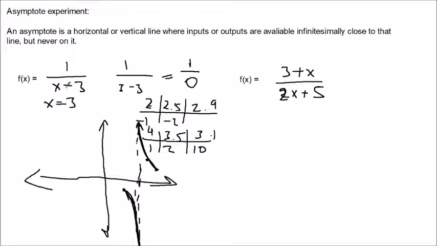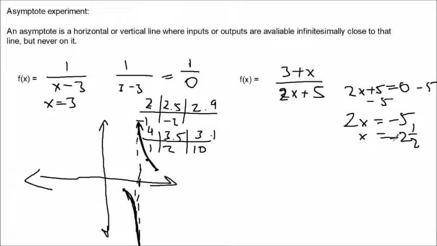The asymptote is when the bottom is equal to 0. So similarly, for this one, what's the asymptote? It's 2x plus 5 is equal to 0. So subtract 5, 2x is equal to negative 5, x is equal to negative 2.5. Negative 2.5.